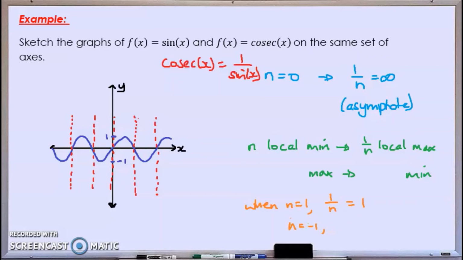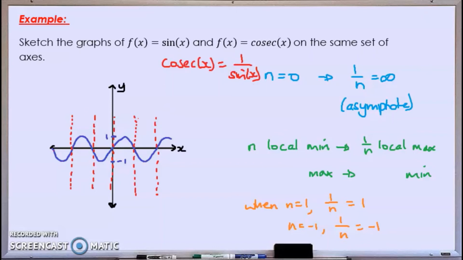And when a denominator, here the whole time I'm talking about this idea of n, I'm talking about a denominator, is -1, then my reciprocal of that is also -1. Which means in this special case, we're going to have points of intersection between the sine graph and the cosec graph.